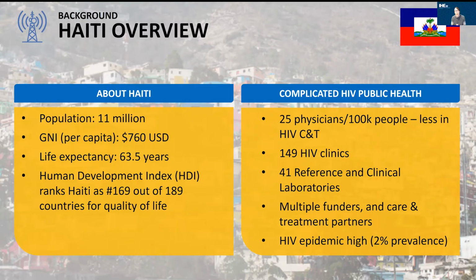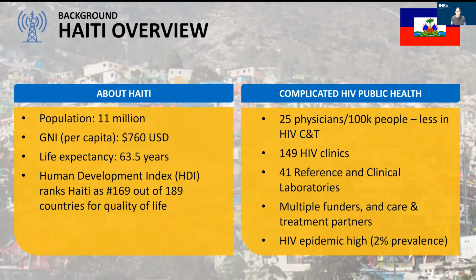And so in the HIV public health system, it's really complicated. And if you look at the health system as a whole, they have 25 physicians for every 100,000 people. And in comparison, we can look here in the US, there's 280 physicians for every 100,000 people. So they're at quite a disadvantage just in capacity alone to treat people.